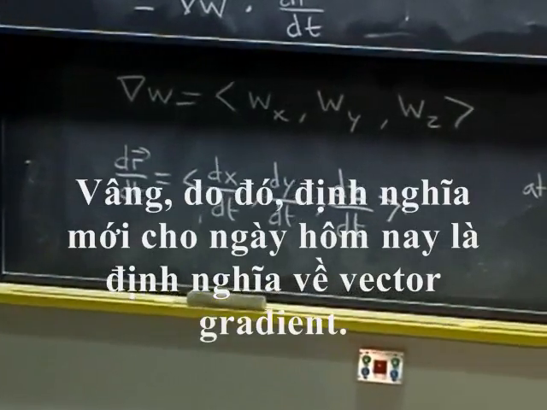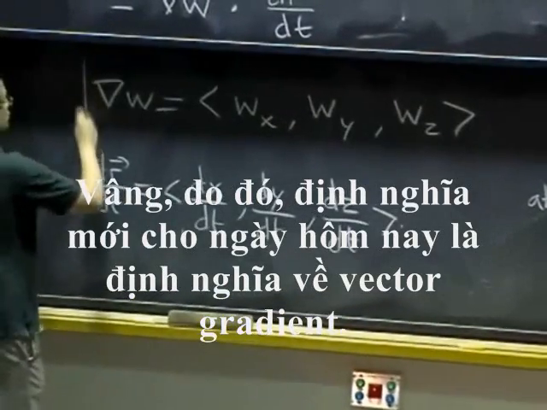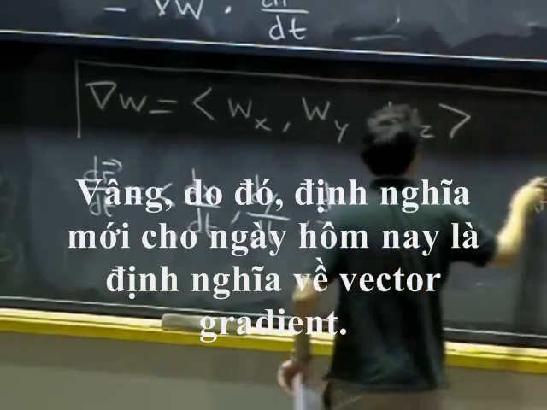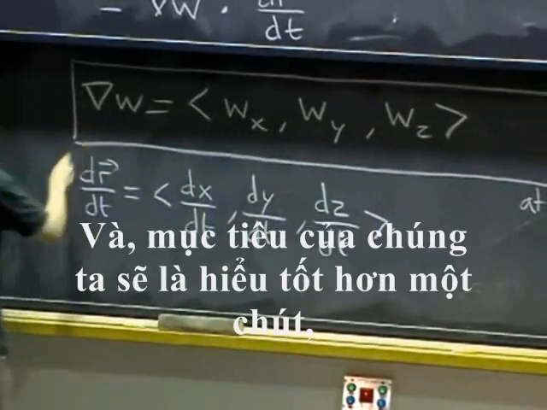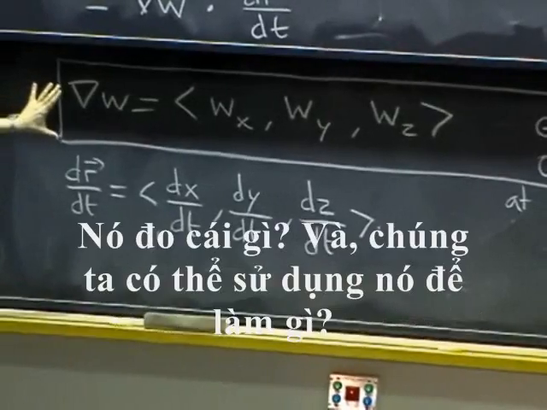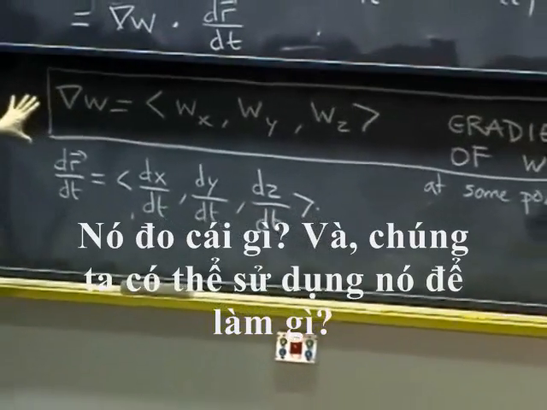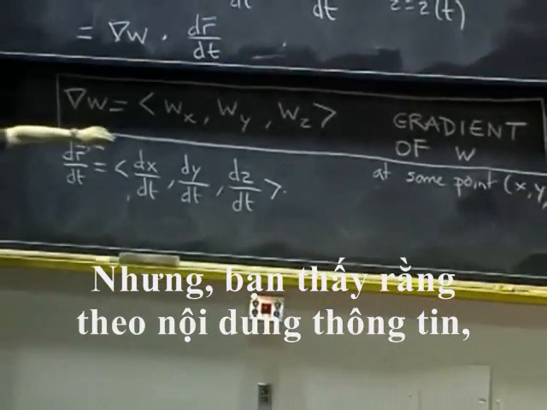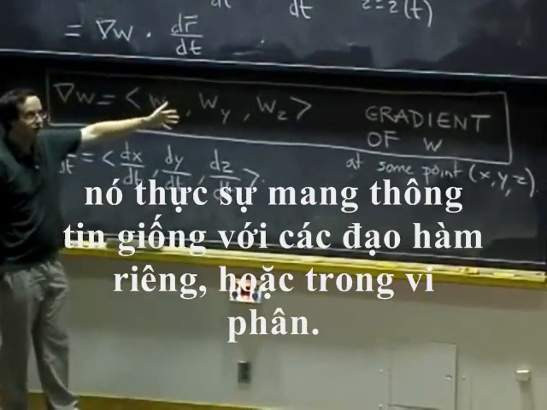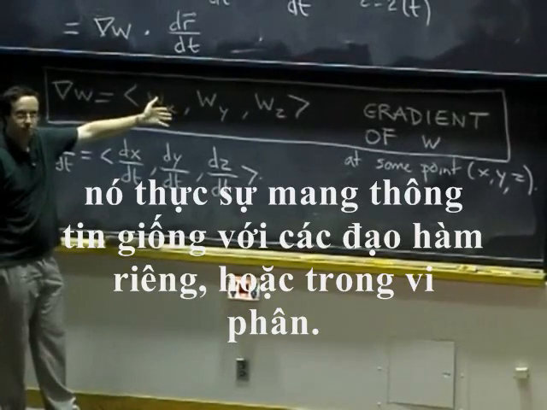Okay, so the new definition for today is the definition of a gradient vector. And our goal will be to understand a bit better what this vector means, what it measures, and what we can do with it. But you see that in terms of information content, it's really the same information that's already in the partial derivatives or in the differential.